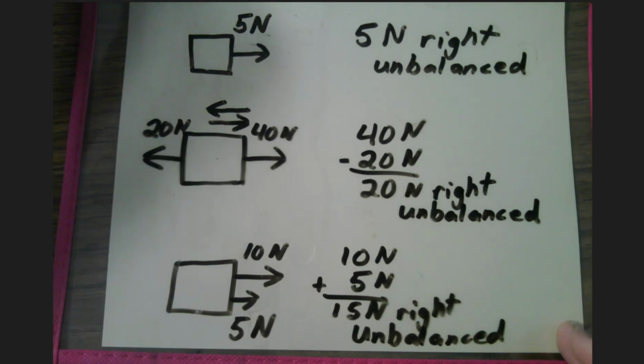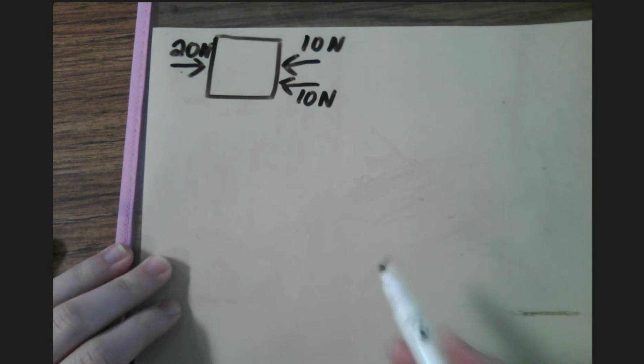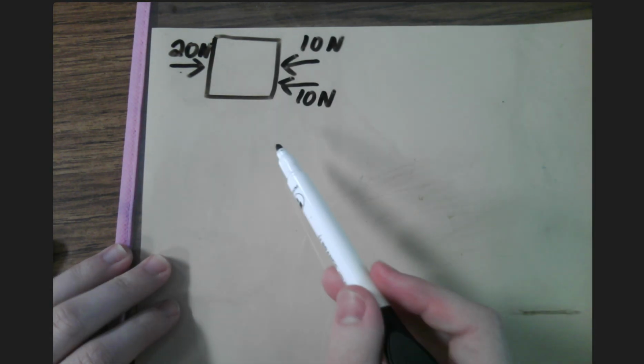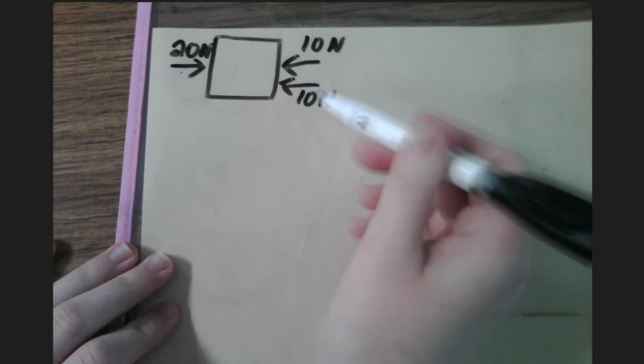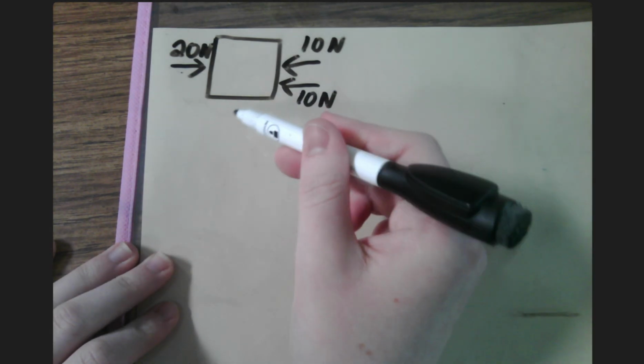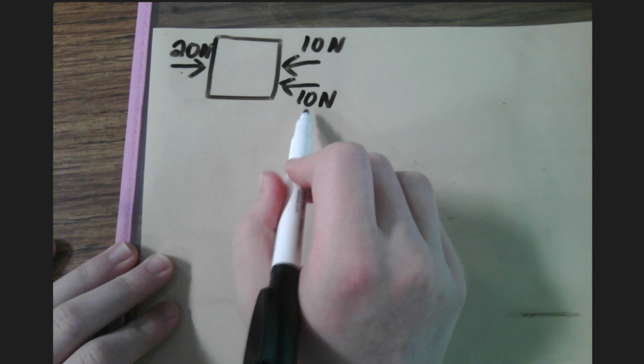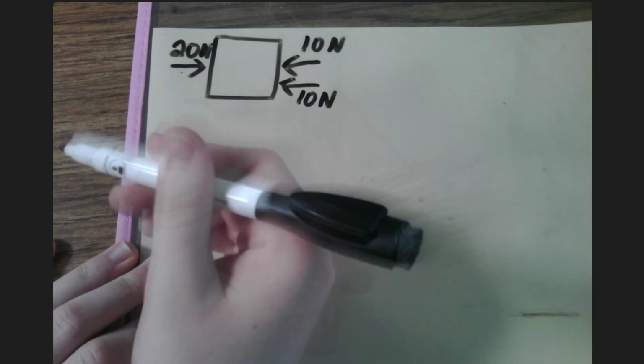Let's look at another one. This one's trying to be tricky. This one we have 3 forces working on this block. Let's see, we got 2 forces of 10 newtons pushing left and 20 pushing right.